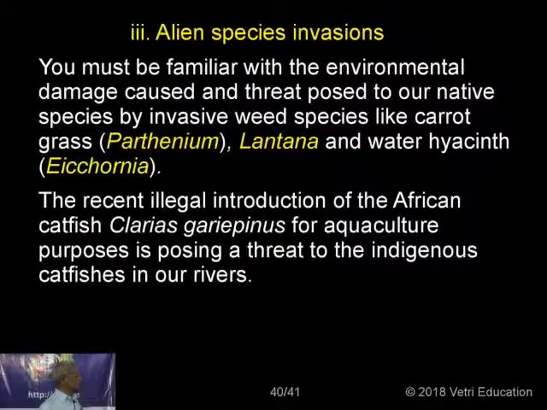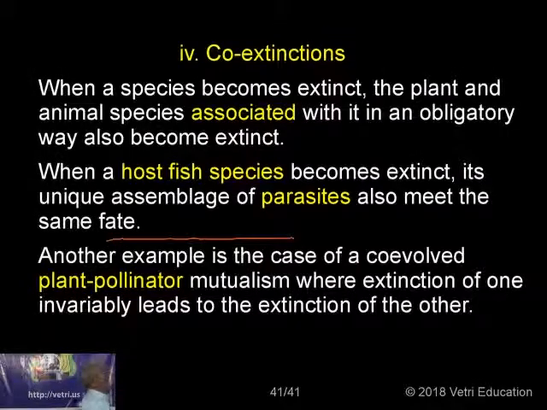The recent illegal introduction of the African catfish, Clarias gariepinus, for aquaculture purposes is posing a threat to the indigenous catfishes. See, when an alien species is introduced with some other idea, it becomes a problem to the native plants. Finally, now I come to the end of this lecture.